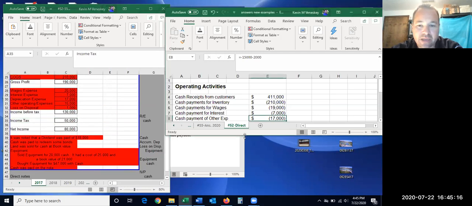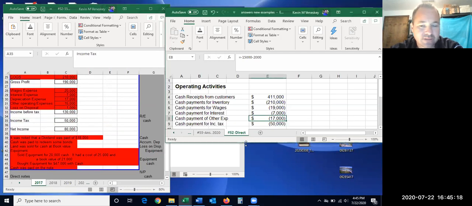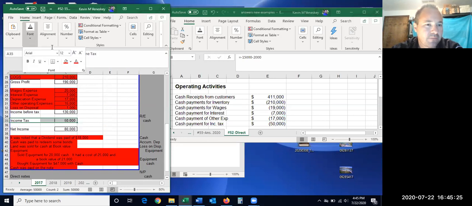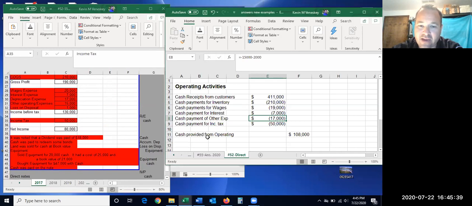So I'm going to put cash payment for income tax, 50 grand. That takes this away. Now I'm ready to add it up. When you add all of these together, you should get that number that we had before, 108,000 as cash provided from operating activities.